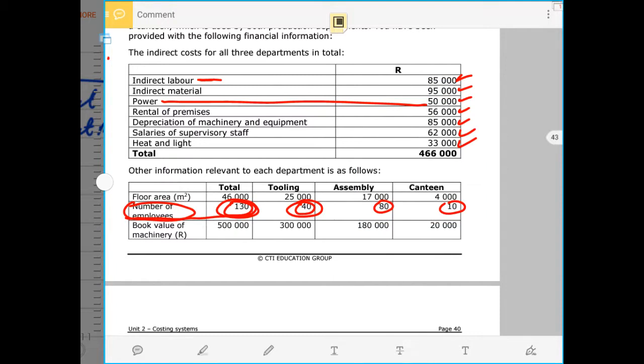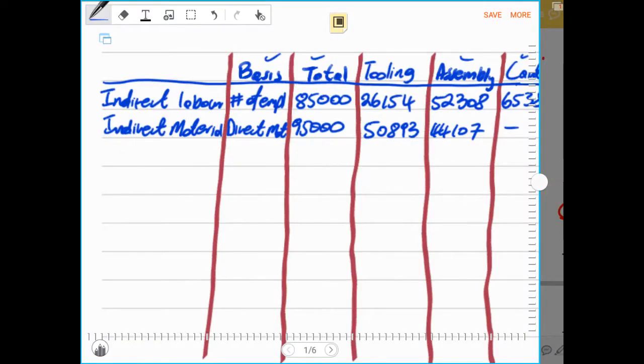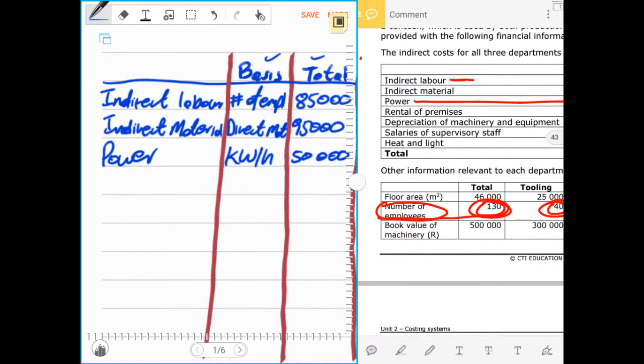Then obviously the power will be based on the kilowatts per hour. The total of the power, as I have mentioned, is 50,000. Then we have to check in our table of allocation.